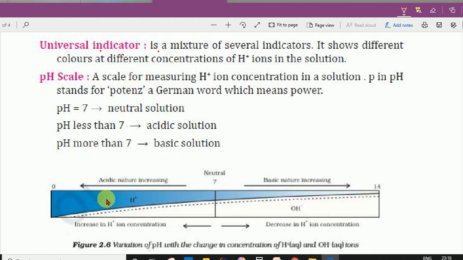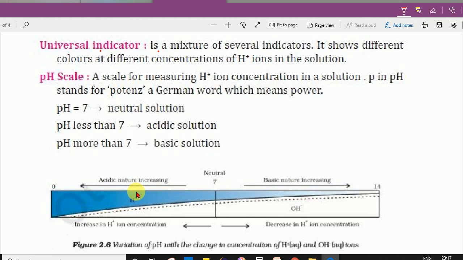That means the acidic nature of the solution increases as the pH decreases from 7 towards 0. If pH is 1, then it is most acidic, but if pH is 6, the solution is only slightly acidic, not strongly acidic. Similarly, if pH is 3 or 4, it is moderately acidic.